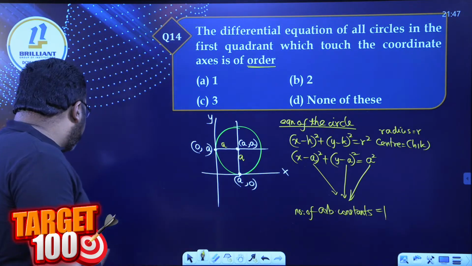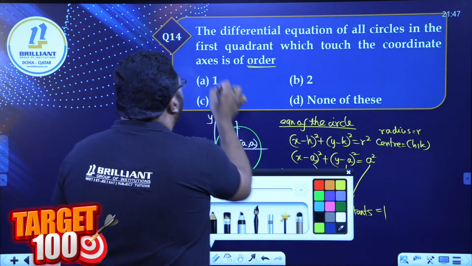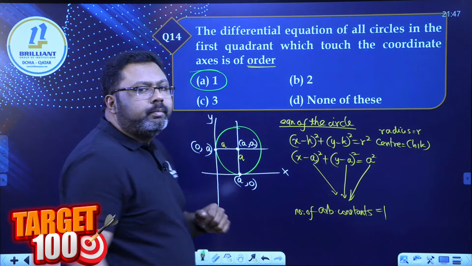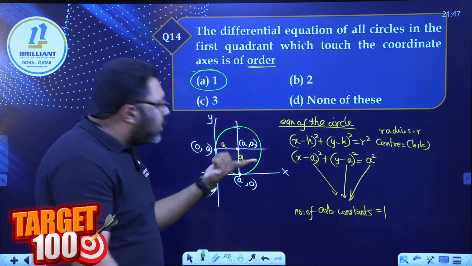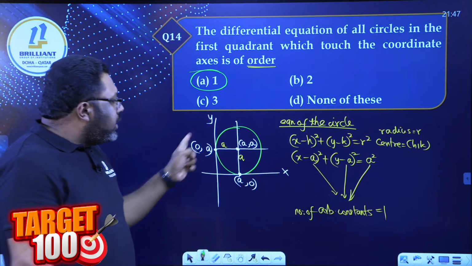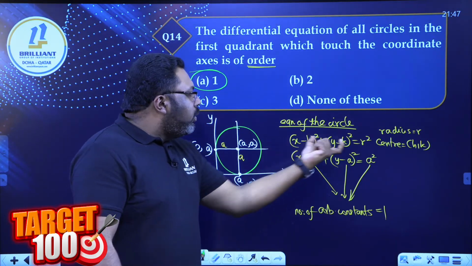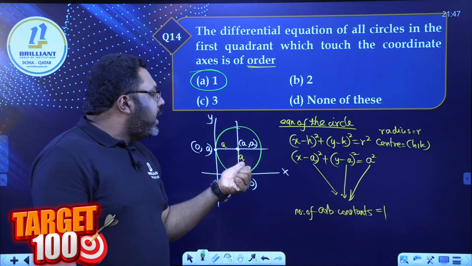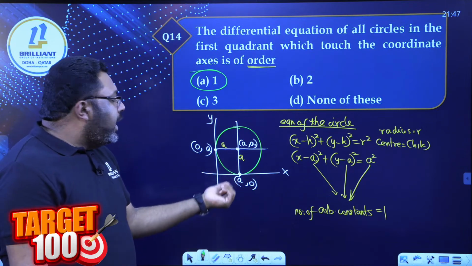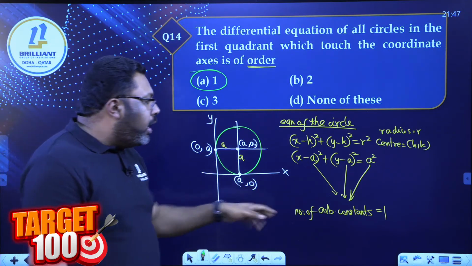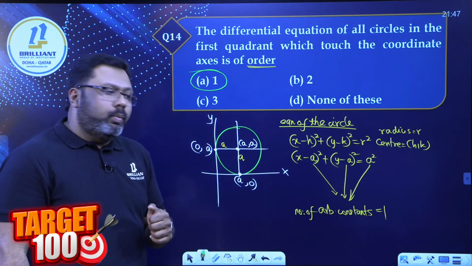Can I say the order of the differential equation is going to be also 1? Because the circle is touching the coordinate axis, this magic happened. So just write the equation of the circle which touches the coordinate axis at some point. I don't know which point it is touching, so I call it an arbitrary constant A. Hence my number of arbitrary constants is 1. Hence my order is also 1.